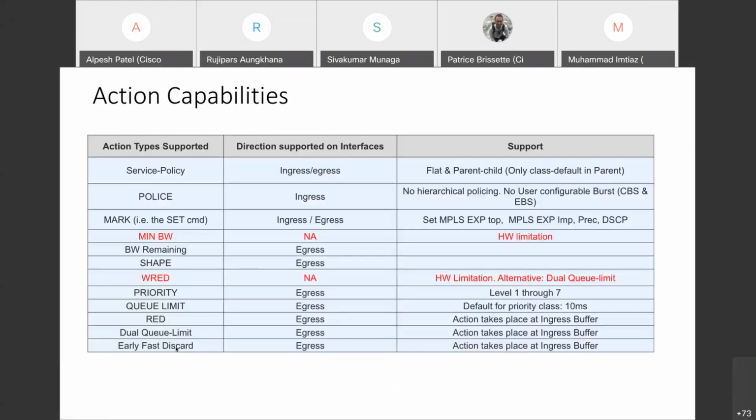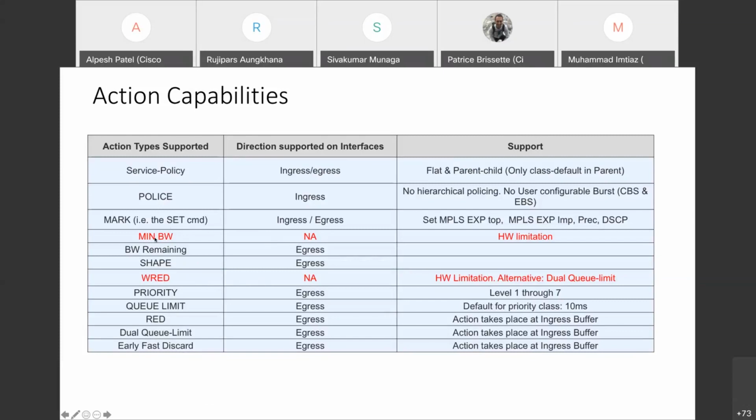Coming to what is supported and in what direction, this is a pretty self-explanatory slide. I just want to highlight here that minimum bandwidth is not supported, and WRED is not supported. We already talked about WRED.